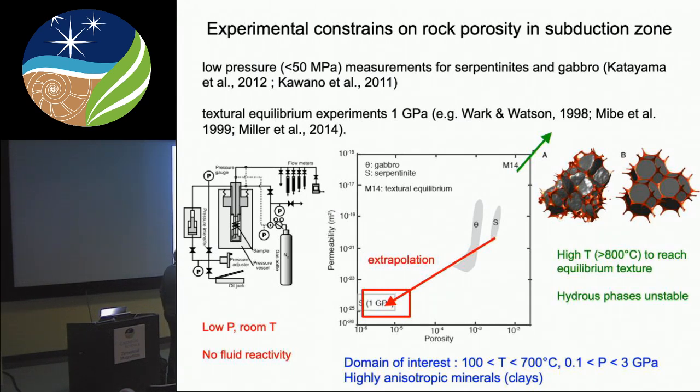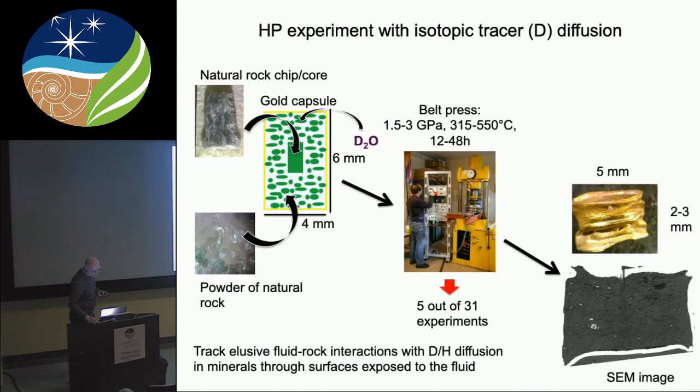But this kind of temperature range is clearly a range where the phases we're interested in are unstable. So we're stuck right in the middle with a domain of interest which is between those kind of conditions, and we are dealing with very anisotropic minerals that are akin to clay minerals. So we have to find another way to do that.